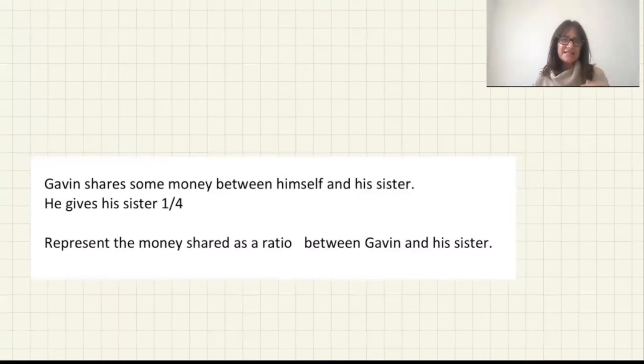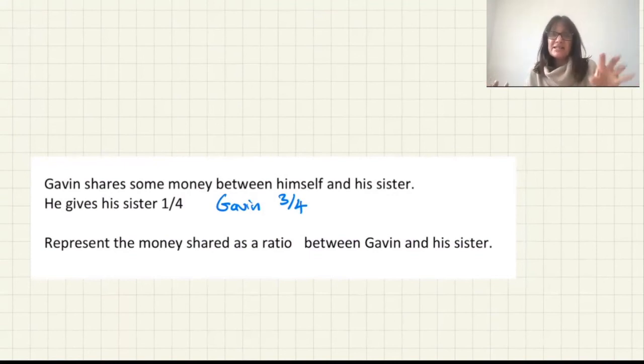He gives his sister a quarter. So if his sister has a quarter, then Gavin must have 3/4. The whole amount, however big or small it is, is going to get shared out between them, where the sister gets a quarter and he gets 3/4.